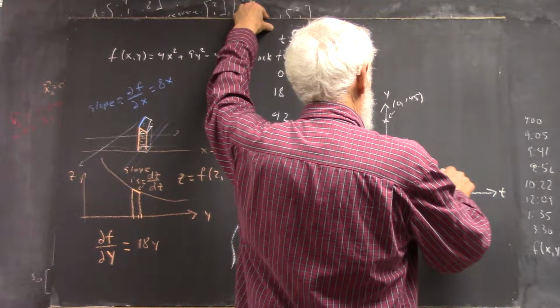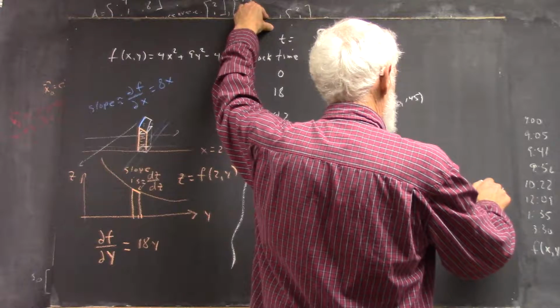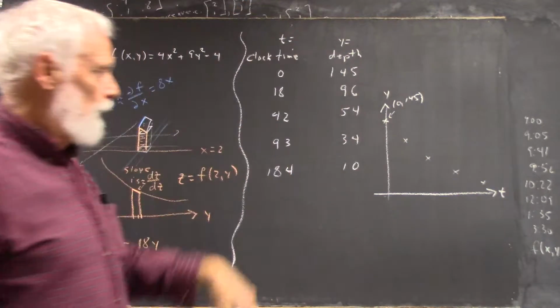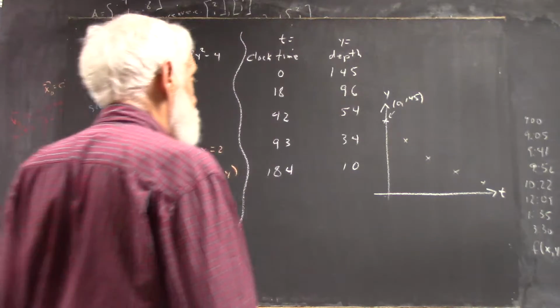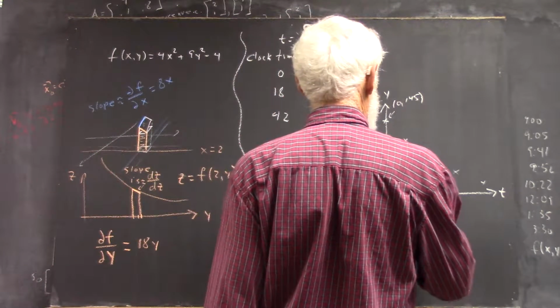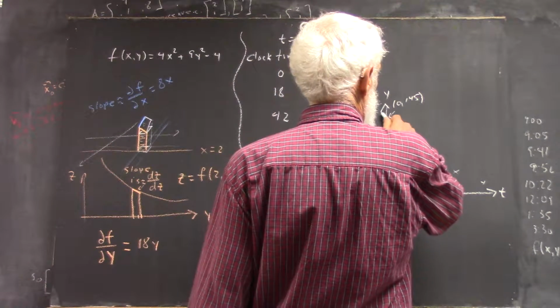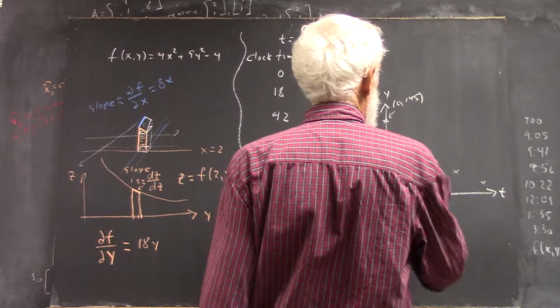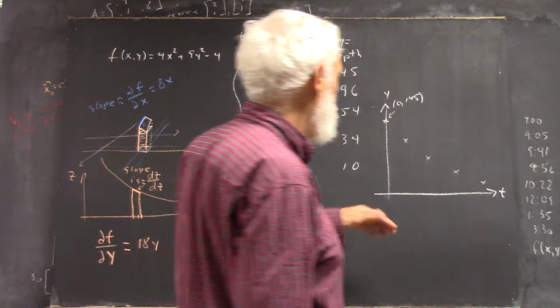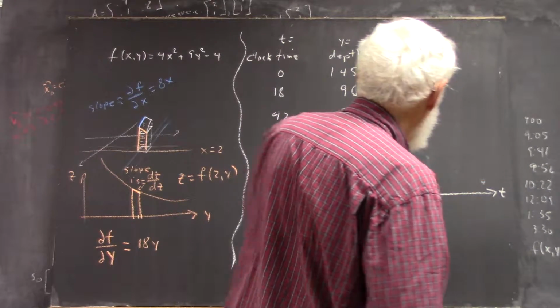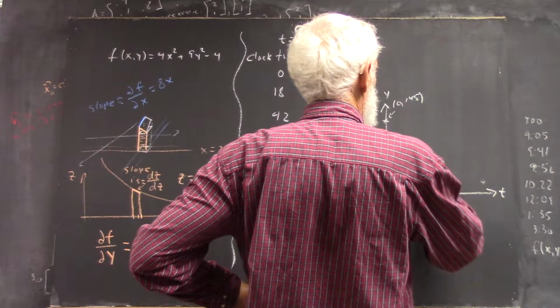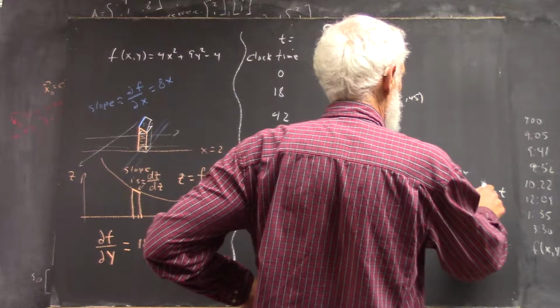Depth goes down kind of fast, not as fast, not as fast, not as fast. You're going to have points that look something like this, okay? Now actually the points aren't going to follow a perfect curve, so I'm going to mess them up just a little, to show you what you do.